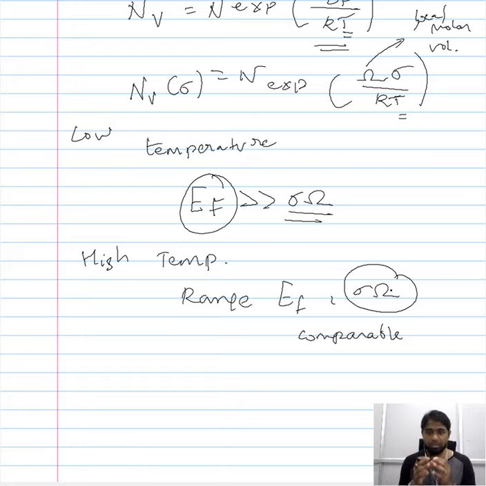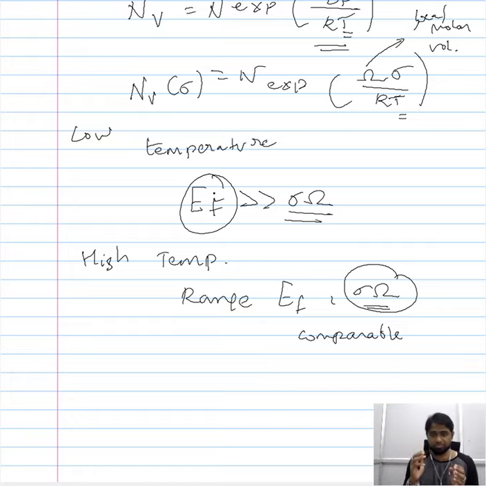So therefore, at high temperature, this influence of the stress in governing the number of vacancies should be included. At low temperature, this is ignored because the energy required for the formation of a vacancy is considerably higher. So even if you introduce this term, it is not going to make any difference.